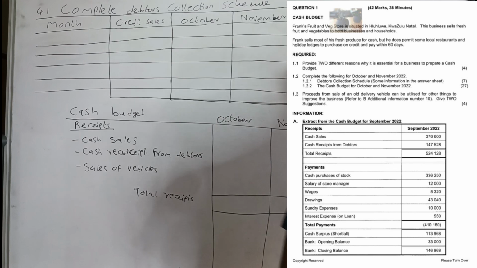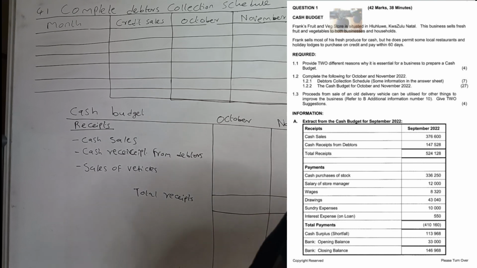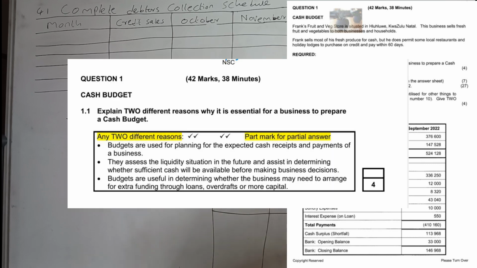On the required part number 1, they said provide 2 different reasons why it is very important for a business to prepare a cash budget. For this one I can show you the possible answers that were given. A budget is used for planning for the expected cash receipts and payments of the business.